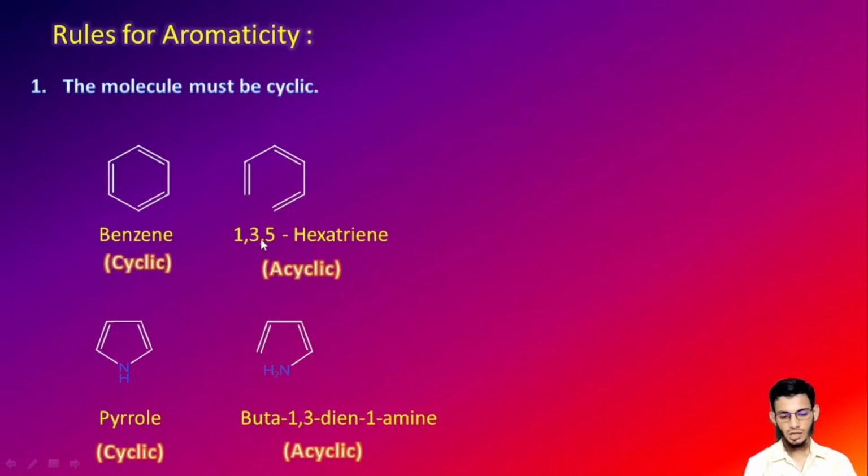We will discuss it at a later stage and solve both of these examples then. But here you can see pyrrole is a cyclic compound, and both benzene and pyrrole follow all 4 rules, okay. So both are aromatic. We cannot determine that from the first rule alone; they obey all 4 rules. Here buta-1,3-diene-amine is not a cyclic compound, so it is not aromatic, okay.